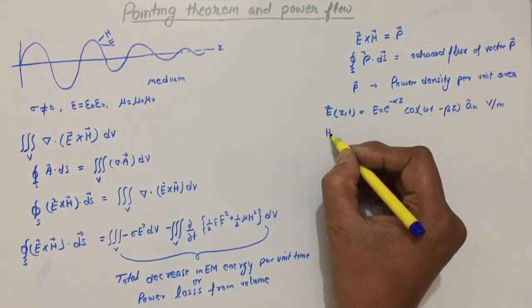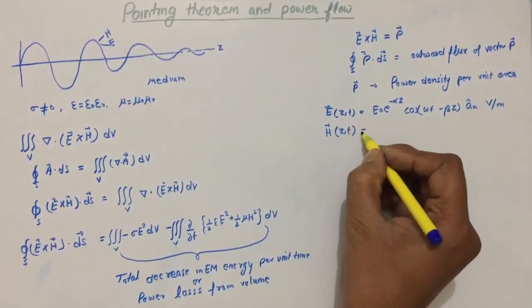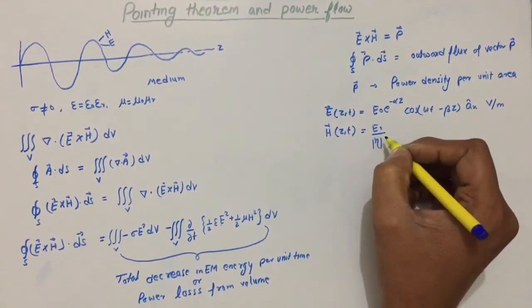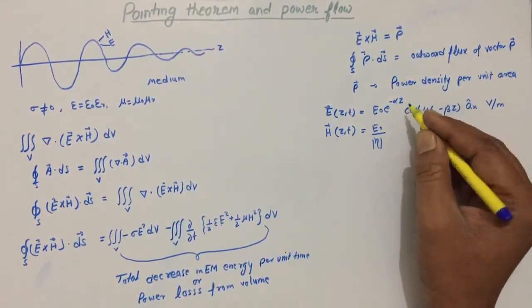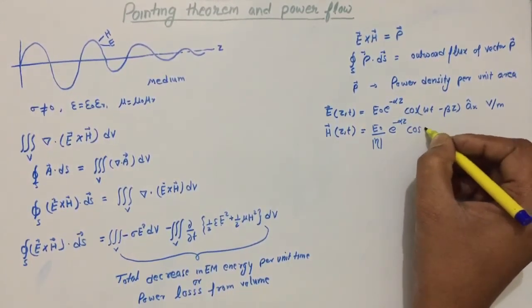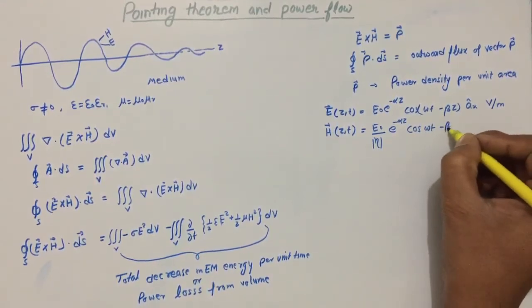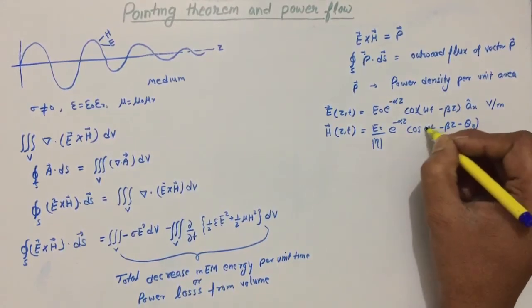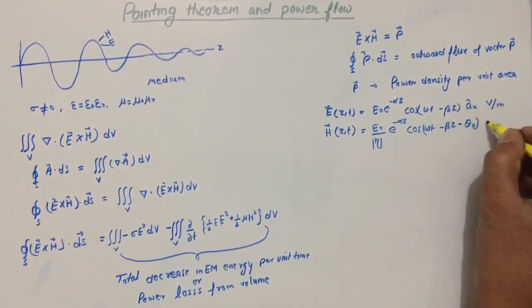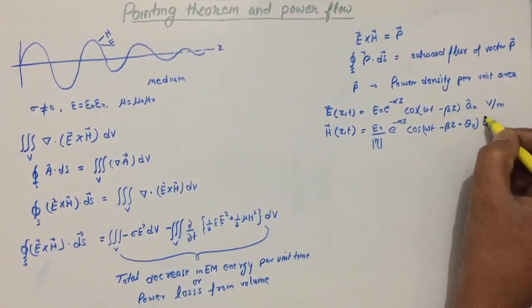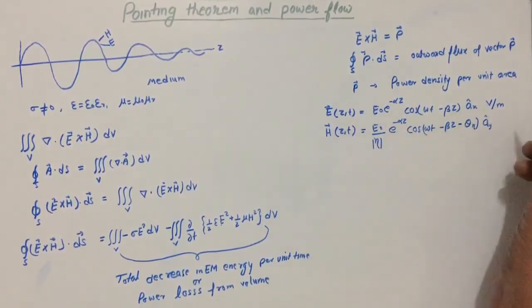At the same time, H can be written as E naught divided by the intrinsic impedance, remaining the same with some lagging angle theta. It will be normal to that, in another direction. If it is propagating in the z direction and E is in the x direction, then H should be in the y direction, and the unit will be ampere per meter.